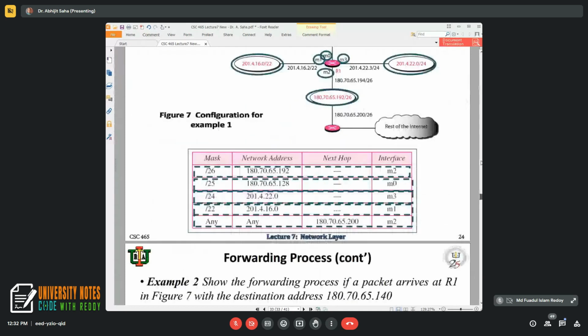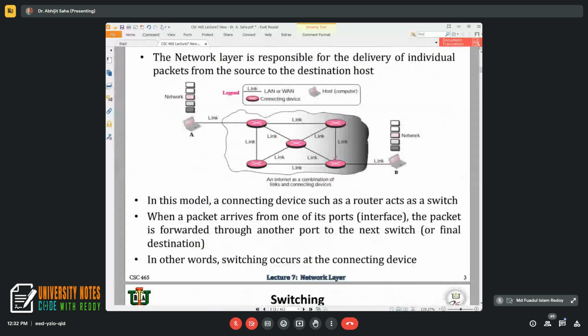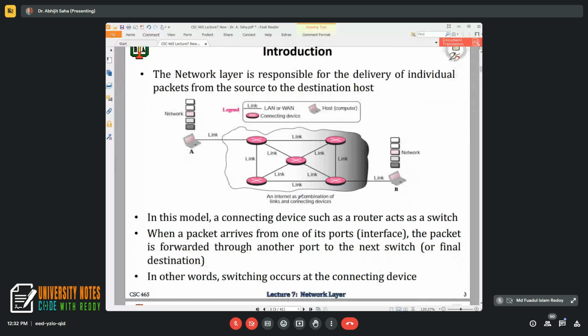Yes, sir. All right. So now we can go back to slide number 3, where we jumped to the routing algorithm. We know the network layer's responsibility is finding the path and sending the packets from the source to the destination. A is my source and B is my destination.